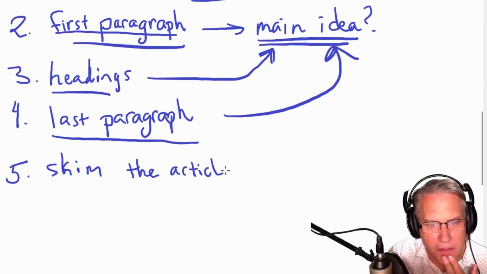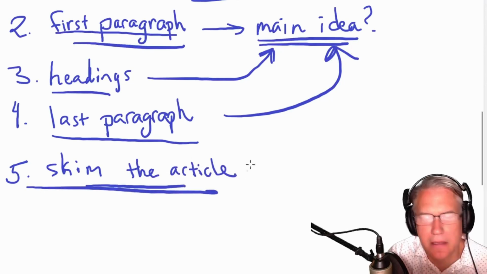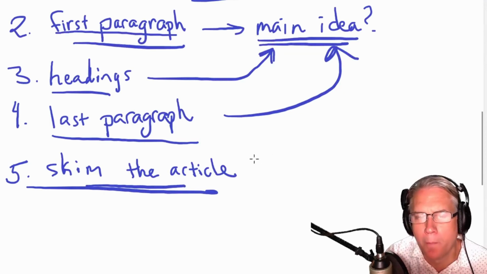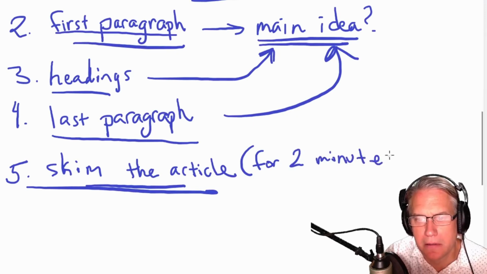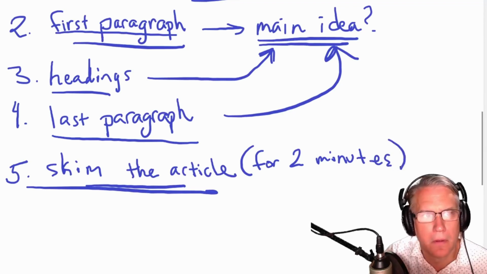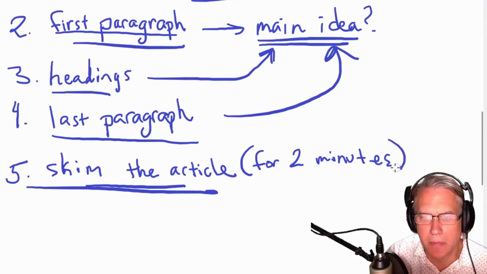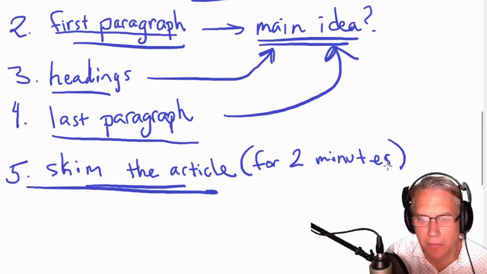And then all of this. So we'll skim the article for, let's say, 2 minutes. So it'll be a 2-minute skim. Difficult time writing with the mouse.